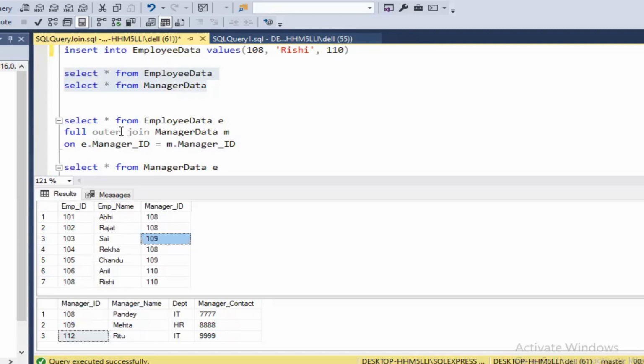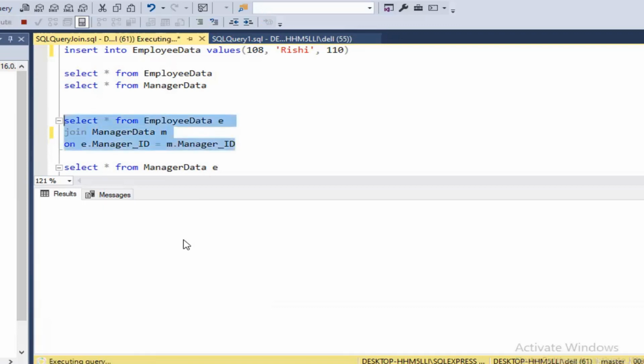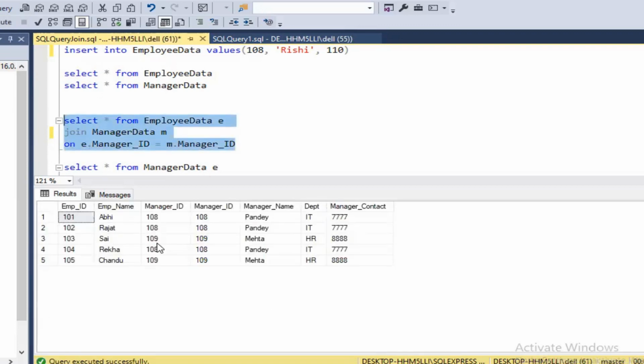When I select inner join, it will give me only the records which are matching with that table.